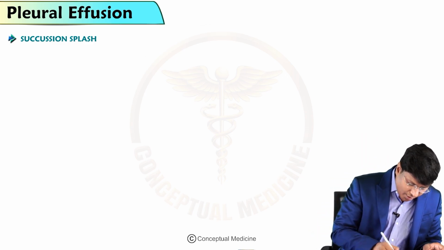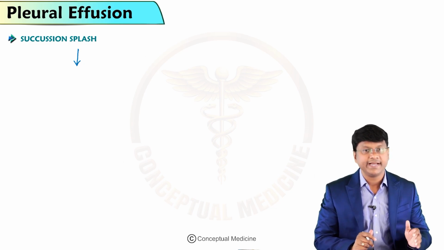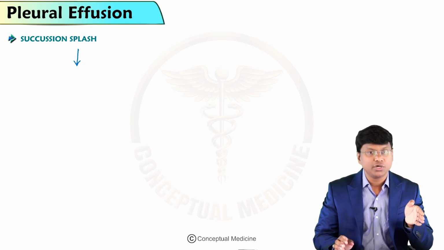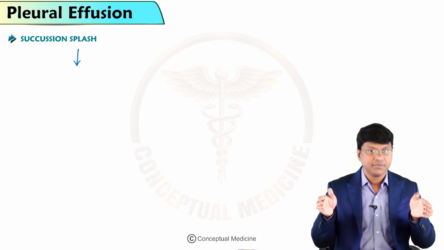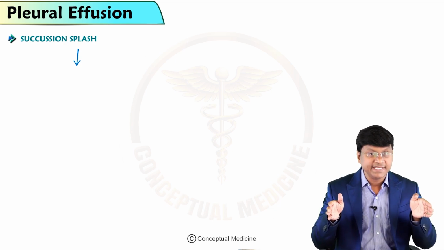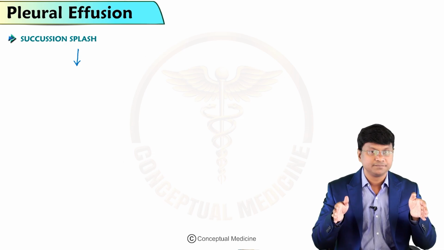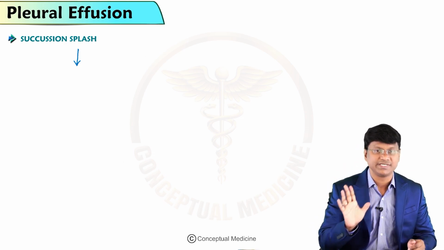And how do you elicit this succussion splash? In these patients with hydropneumothorax, you have to catch hold of the individual anteriorly and posteriorly, and then rigorously shake the individual, and then immediately auscultate over the chest.